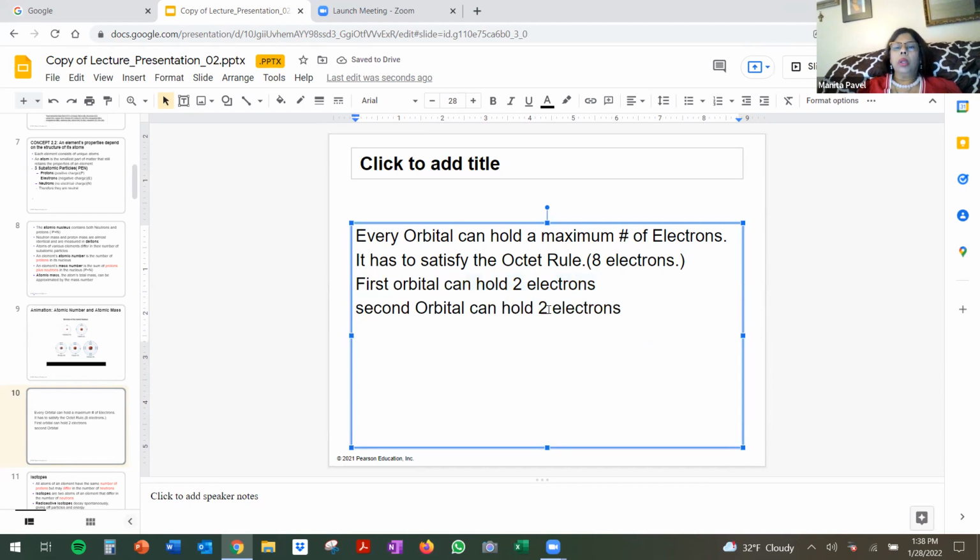The third orbital can hold 8 electrons, and so on, fourth, fifth, etc. So this is the maximum capacity that each orbital can hold.